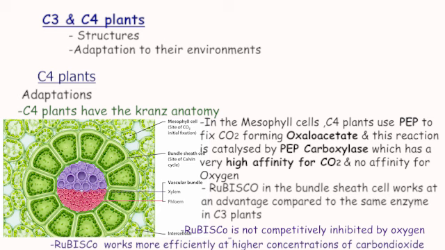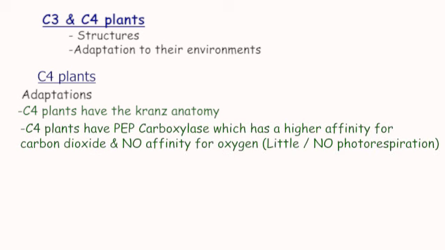And with that said, our second adaptation is actually very clear, and that is that C4 plants have PEP carboxylase in the mesophyll cells, which has a high affinity for carbon dioxide and no affinity for oxygen. So this means that little or no photorespiration occurs. Now the reason why I've put "little" is that we cannot ignore the fact that there is oxygen in our atmosphere, and therefore some of it diffuses through the stomata into the leaf.